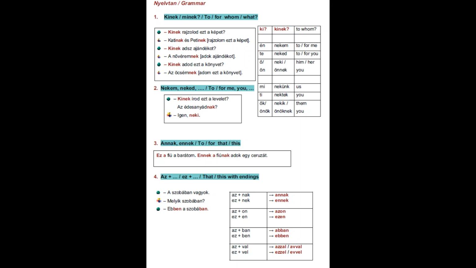And nővéremnek is, what's that nek mean? It means to or for my sister, right? That's who is getting, who the present is for. A nővéremnek, for my sister.